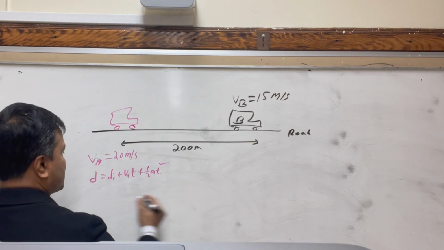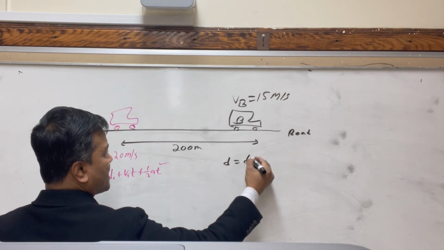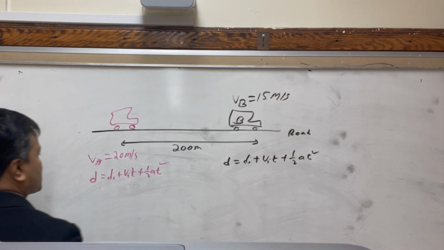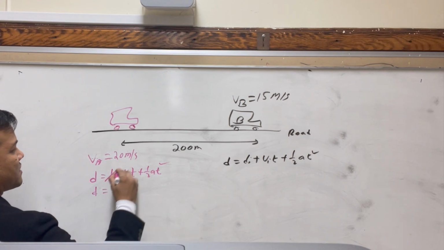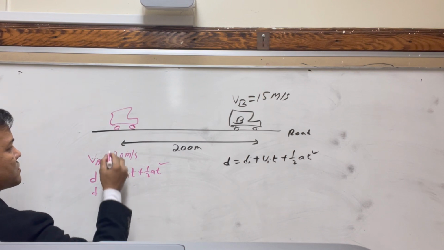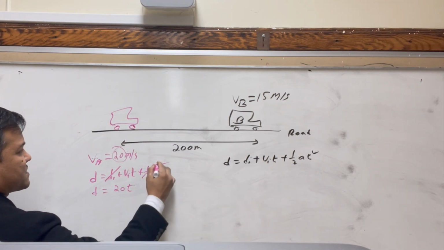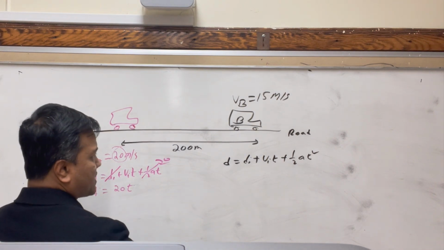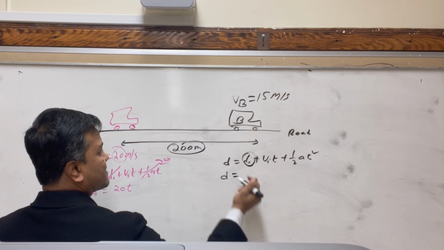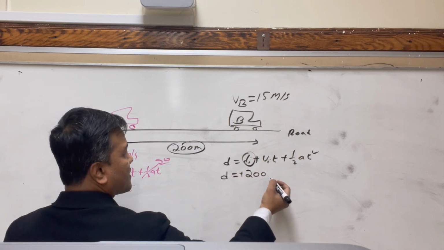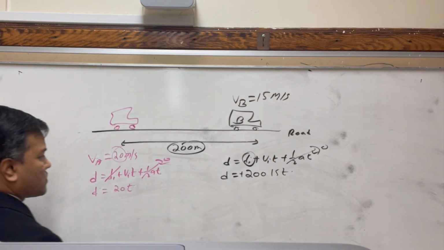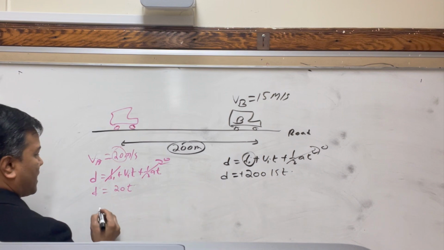For car A, di is 0 since it is behind, Vi is 20, so 20t, and acceleration is 0. For car B, d is equal to 200 since it is ahead, plus Vi is 15t, and acceleration is 0. Now we're going to set the two equations equal to each other.